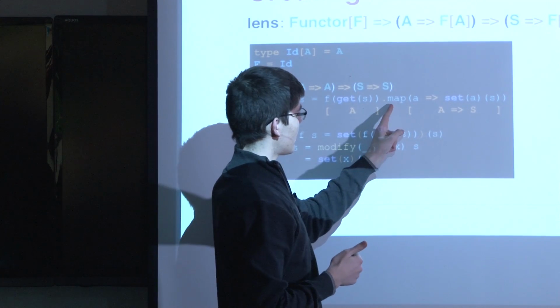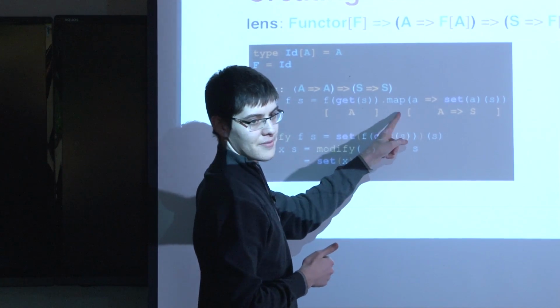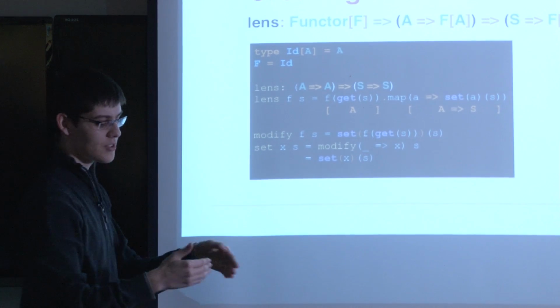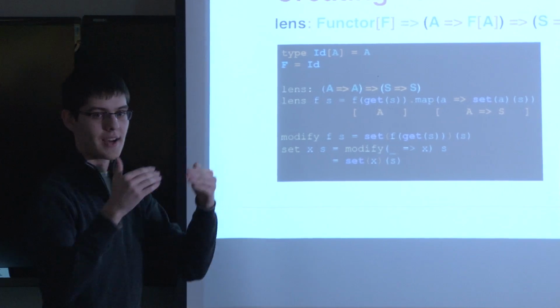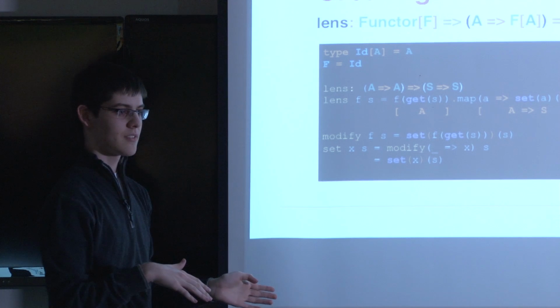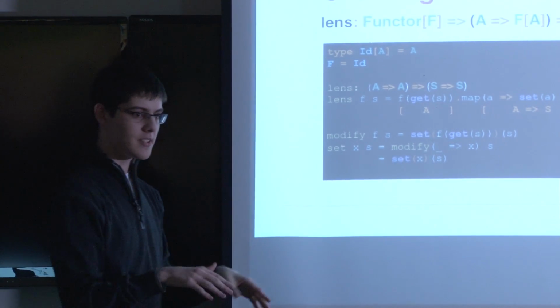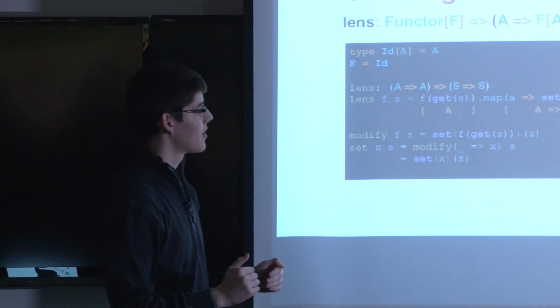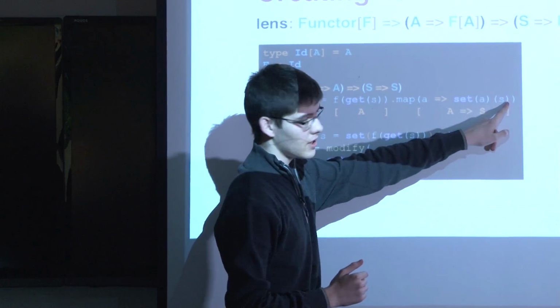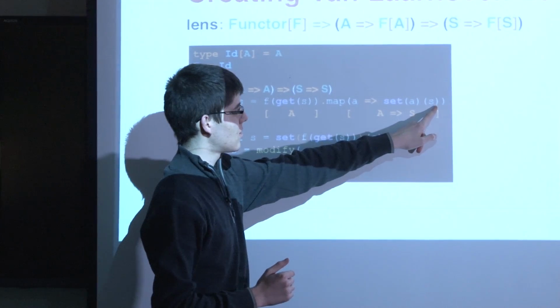And then, do you remember what the map function on identity is? The map function on identity is just applying the function to the value, all right? The map on identity is just applying the function on the value. So the function is setting a value into the S, all right?